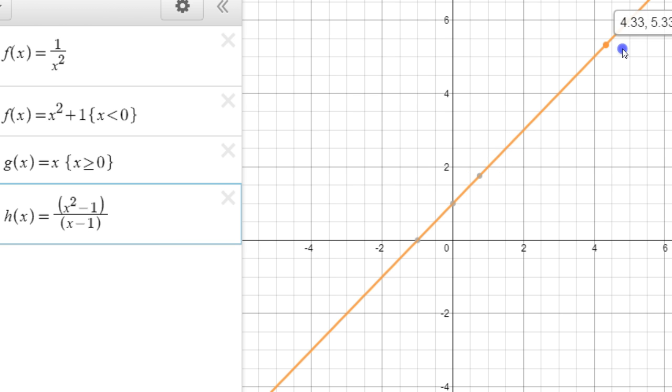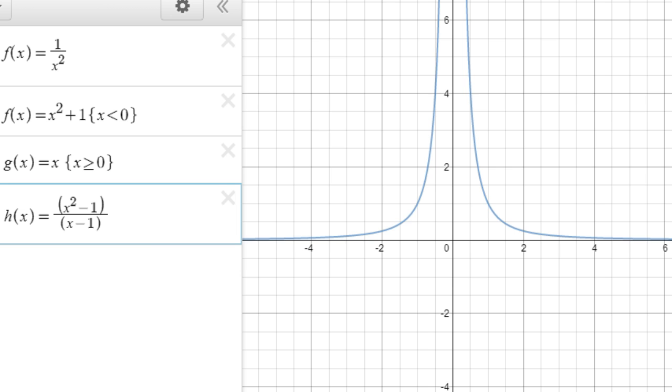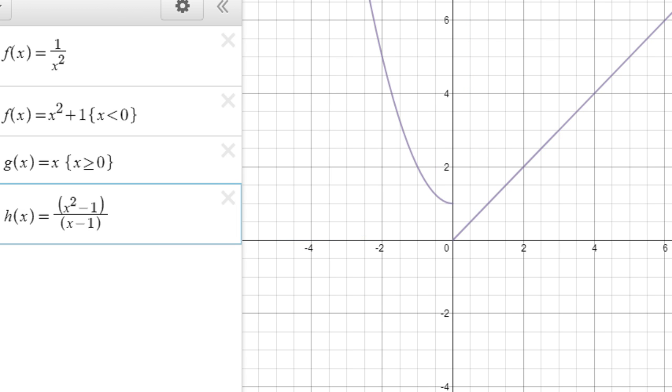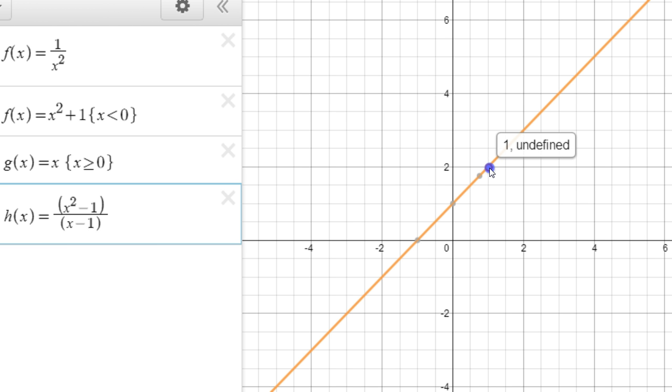As you can see, we're drawing the graph. It looks like I'm going to have everything, but if I go around here and pay attention to the denominator, that's going to tell me the restriction. So I check my restriction, and all of a sudden I have a hole in my graph. This is called a point discontinuity. So we've got infinite discontinuity, jump discontinuity, where you're jumping from one graph to the other, and point discontinuity, which is usually with rationals where you have to cancel out and get a hole. Those are the types of discontinuities.